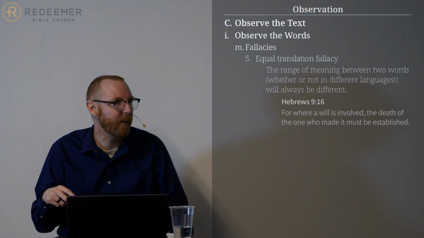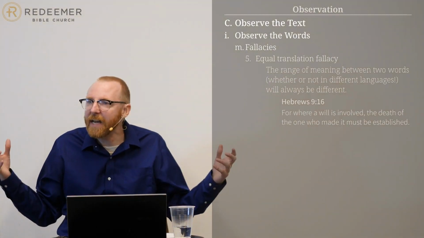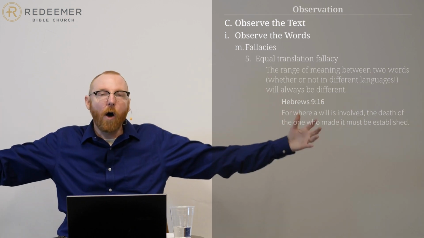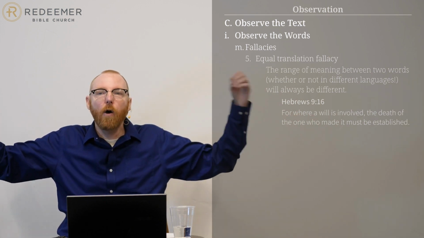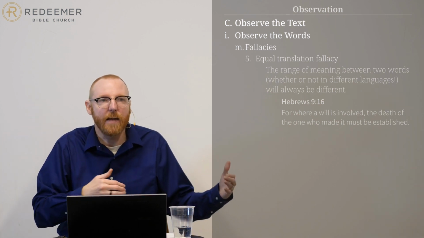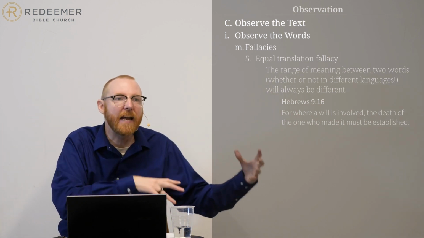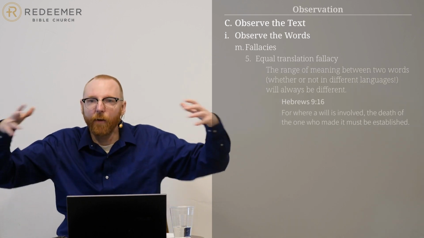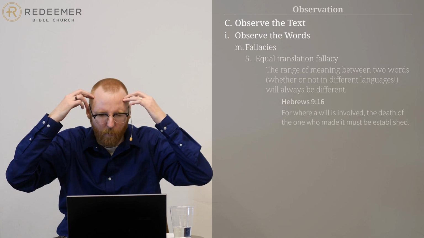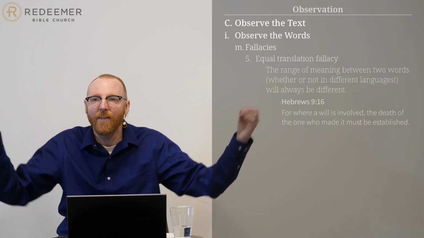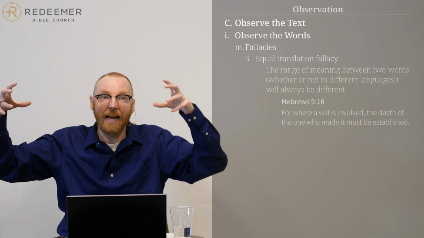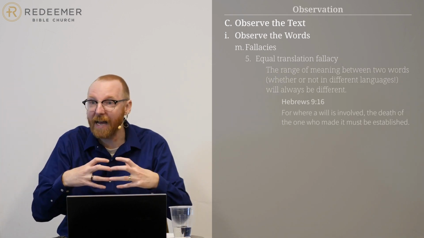Does that make sense? Because the author of Hebrews is talking about how with a will, it's necessary for there to be a death. And then he's relating it to the covenant with God, and he's like, a death was necessary. And you're like, wait a minute, why does the covenant require that a death is necessary? Because in their concept, will and covenant are the same concept.